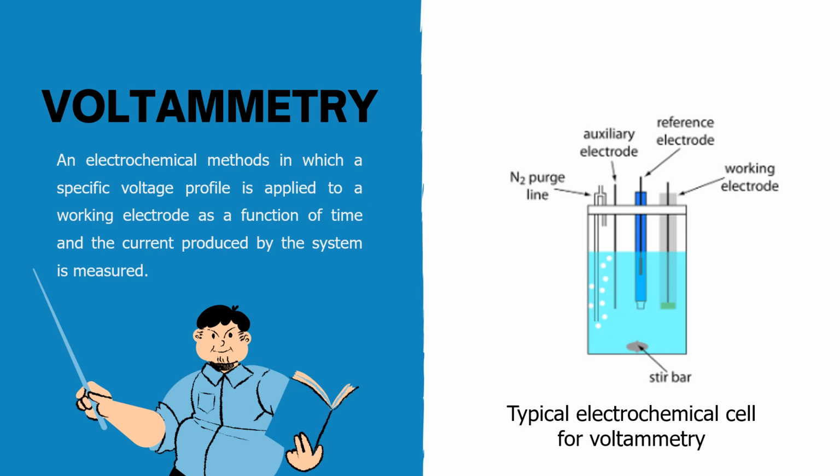For instance, they can reveal substance concentrations, reaction rates, and even the types of substances present. In essence, voltammetry helps scientists comprehend how substances interact with electricity, aiding in the study of chemical reactions and the analysis of substances in solutions.